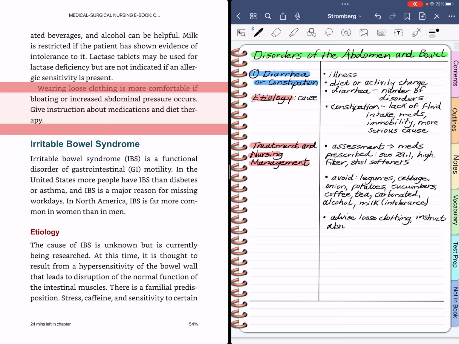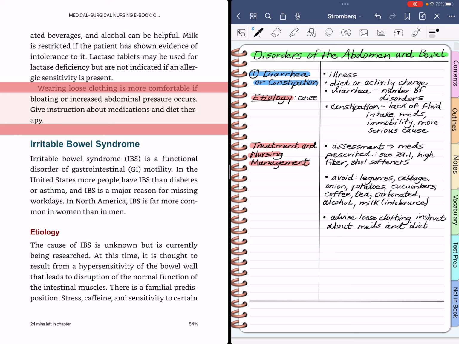So you as the nurse need to provide these instructions. And that brings us to the end. Sorry, I cannot talk and write. How about instruct about medication or meds and diet? Again, I'm using shorthand because it makes sense to me.